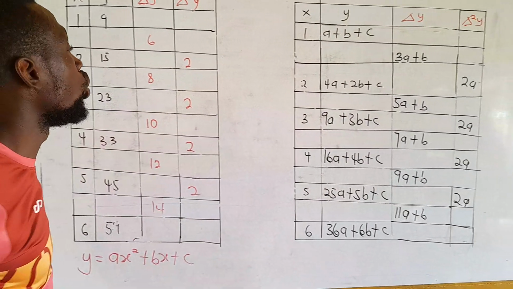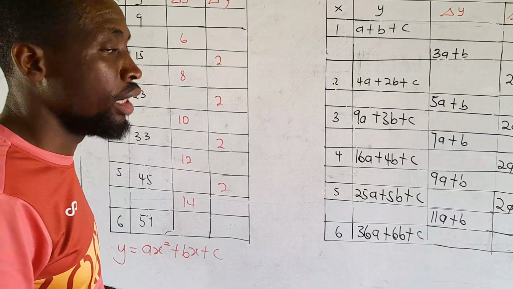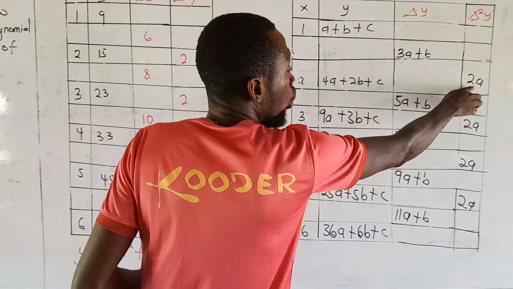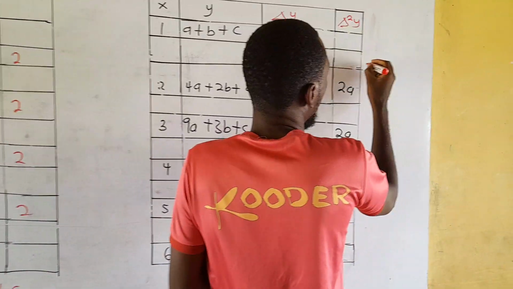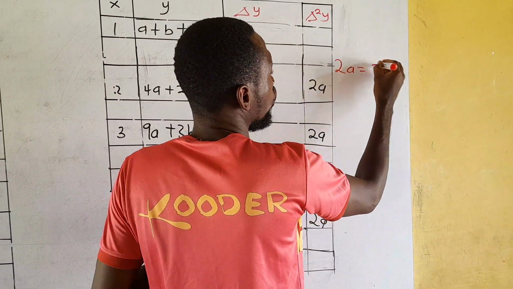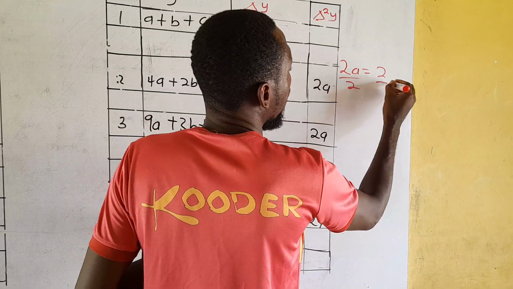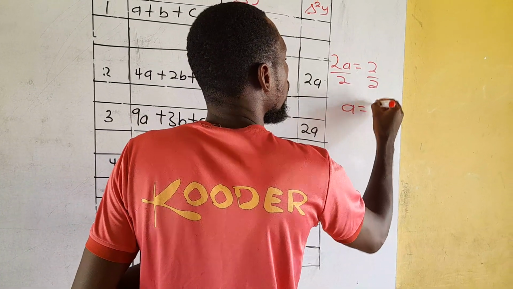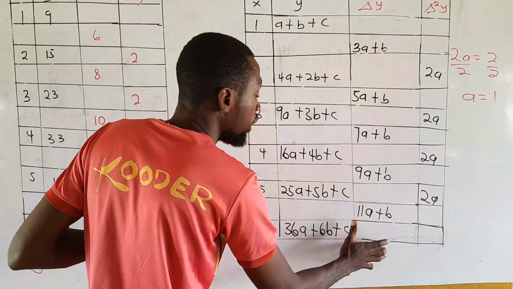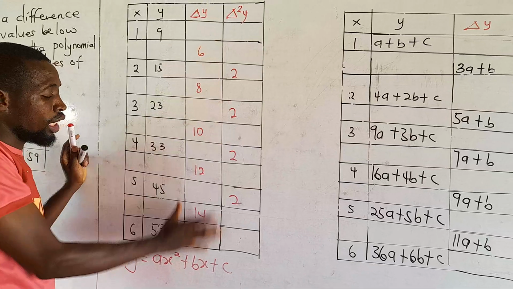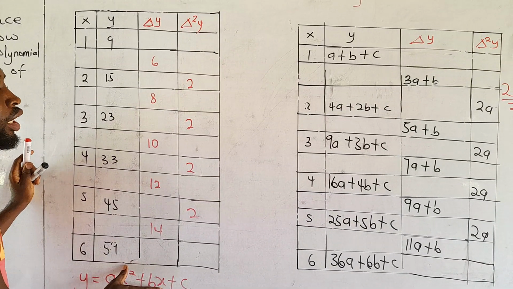So how do we find the values of a, b, and c? So we can say 2a is equal to 2, right? So if 2a is equal to 2, we divide both sides by 2, our a is 1. Also, you can pick any of these and equate it to their corresponding values to find the b.